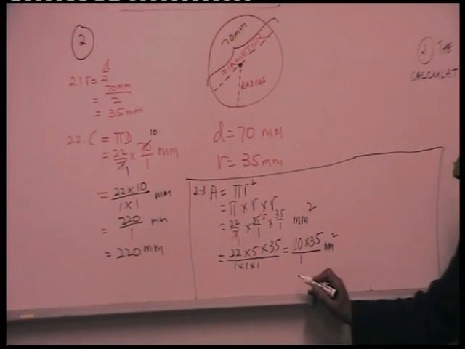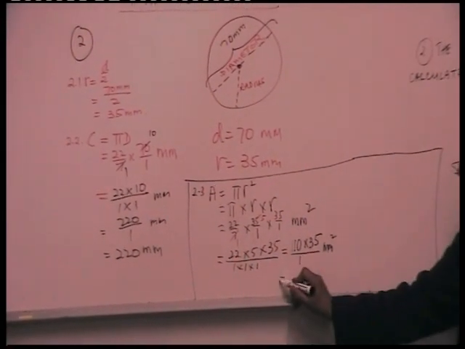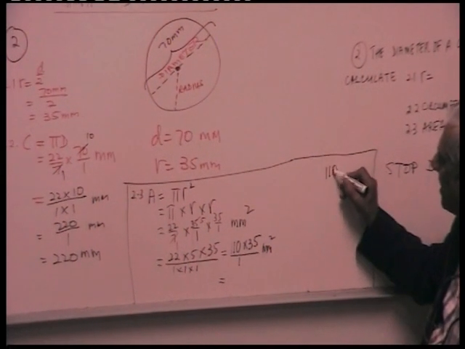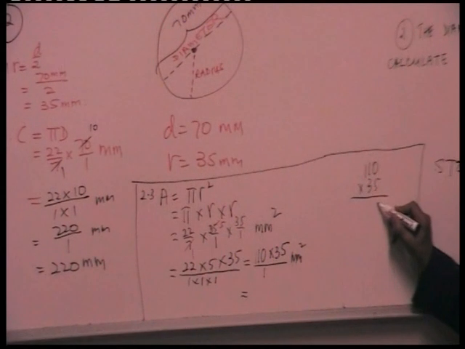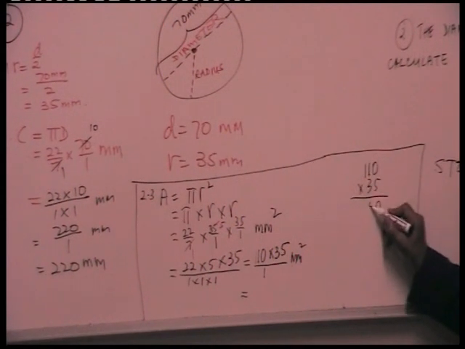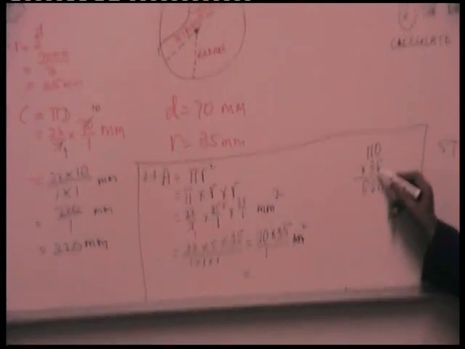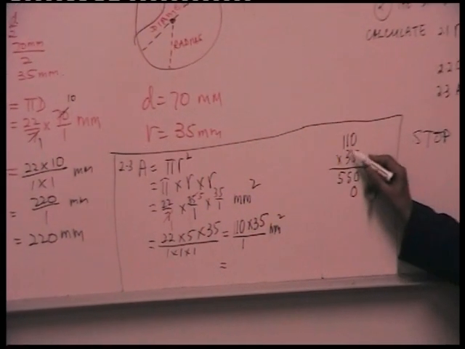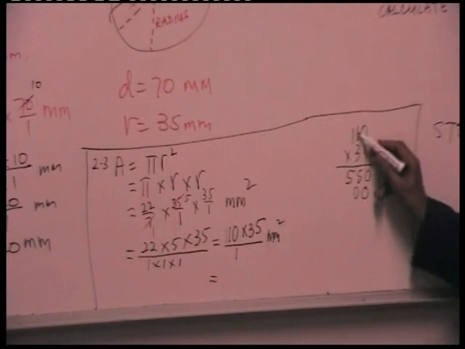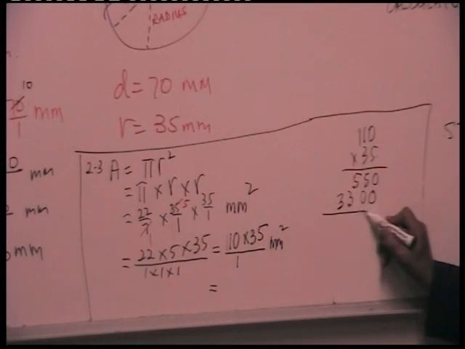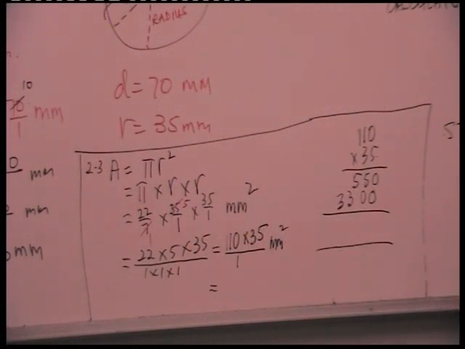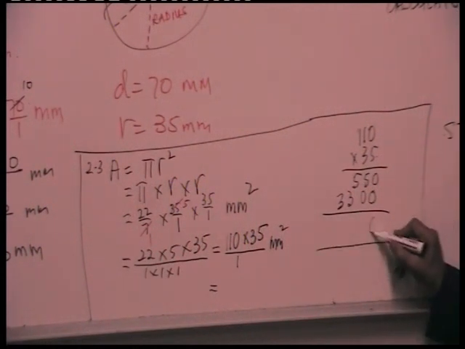Now, let's see. So, if I work out 110 times 35, 5 times 0 is 0, 5 times 1 is 5, 5 times 1 is 5. Then I'm multiplying by 30, write down the 0. 3 times 0 is 0, 3 times 1 is 3, 3 times 1 is 3. And then you add it up, or use the method that your teacher may have taught you.